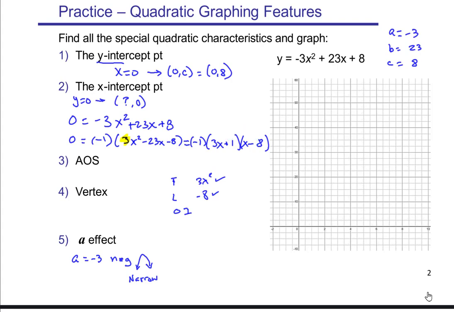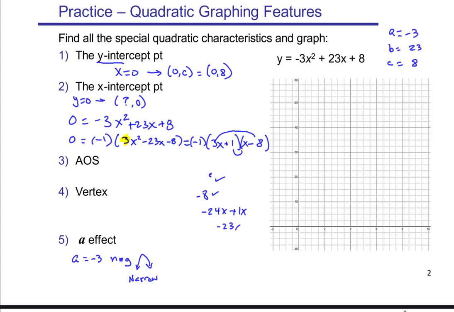And if that checks, we know we're good. So 3x times negative 8 is negative 24x. The inner is positive 1x, which is negative 23x. That checks as well, which means we've got the answer factored. Now, we haven't solved it yet, but we have factored it.